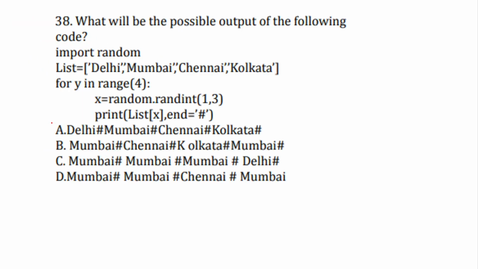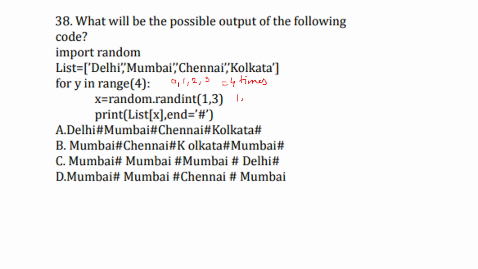Now this is the last question in the series. For y in range 4, that means the loop will run for y equal to 0, 1, 2 and 3, total 4 times. Now x equal to random dot randint 1 comma 3.